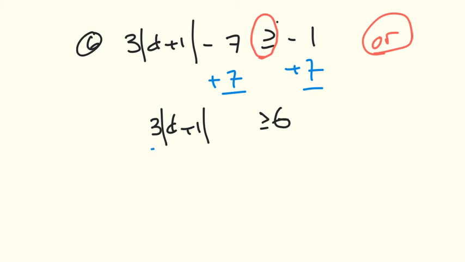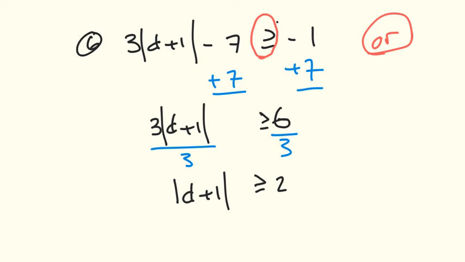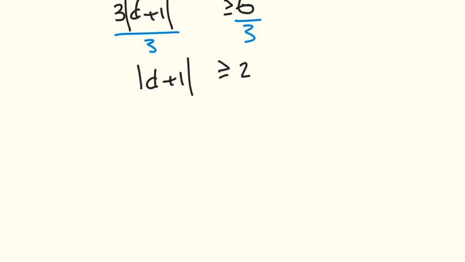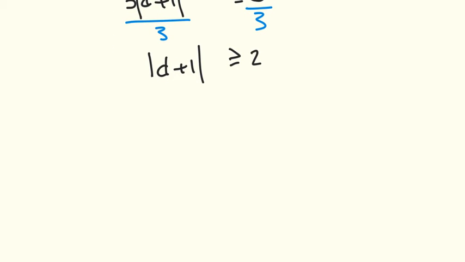Then we're going to divide by 3 on both sides, and that gives us absolute value of d plus 1 is greater than or equal to 2. All right, so we're going to go ahead and split this inequality. Just remember, whatever d plus 1 is, there's 0, there's 2, there's negative 2.